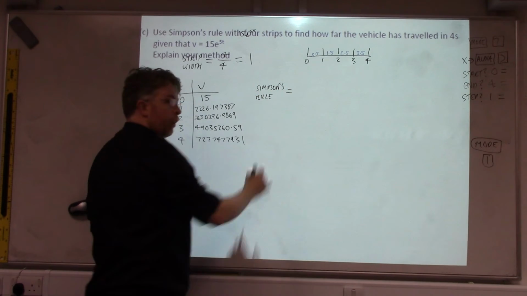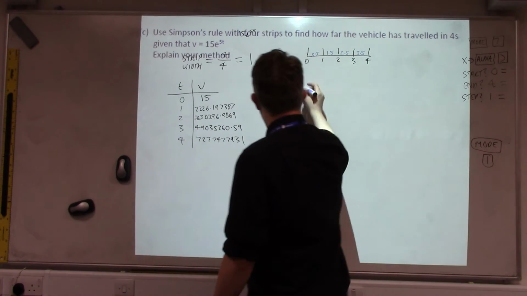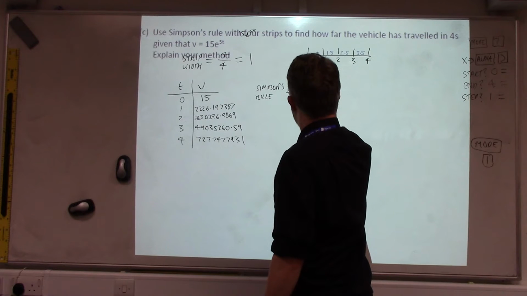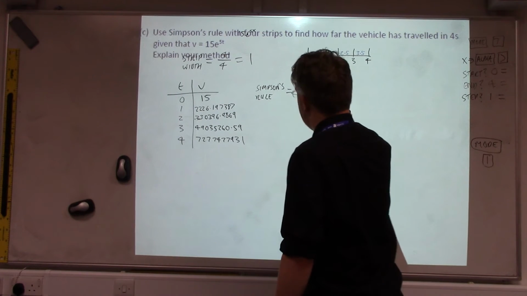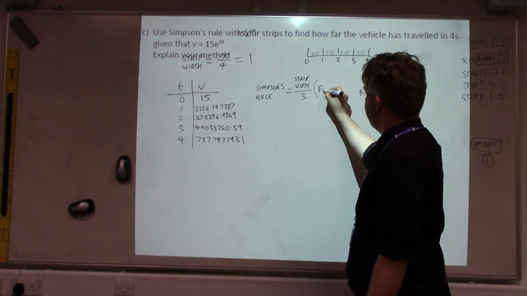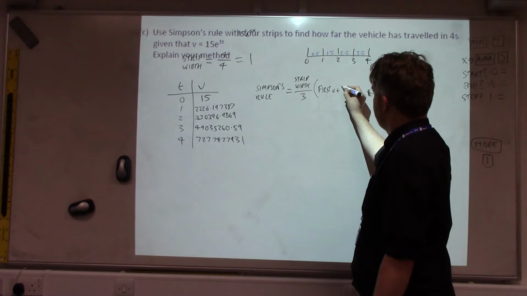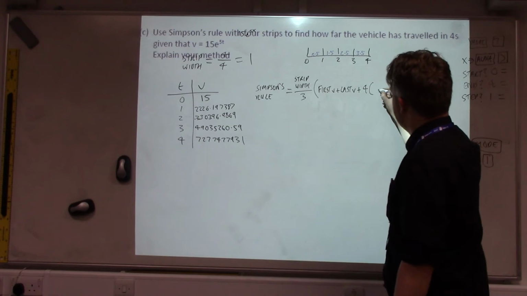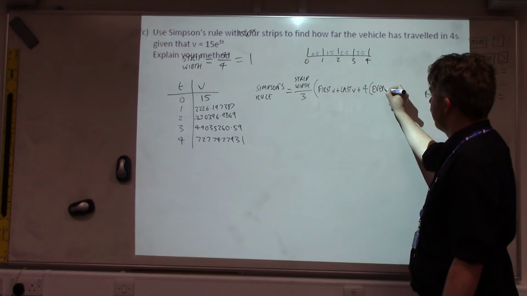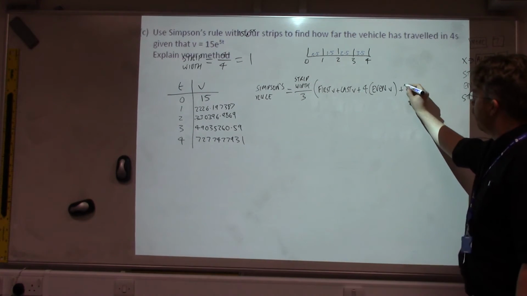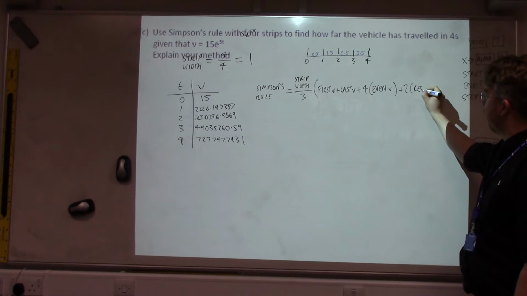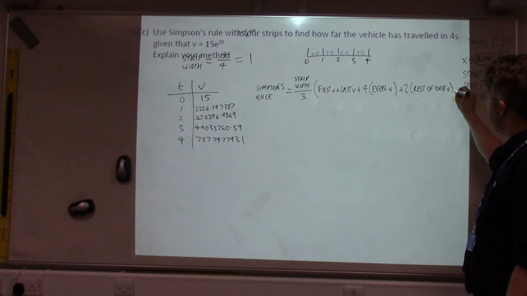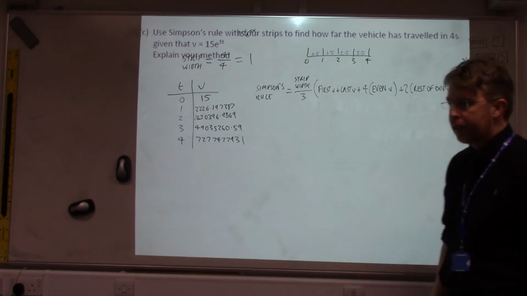So Simpson's rule is strip width divided by 3, then first V plus last V plus 4 times the even V plus 2 times the rest of the odd V, close bracket, close brackets.